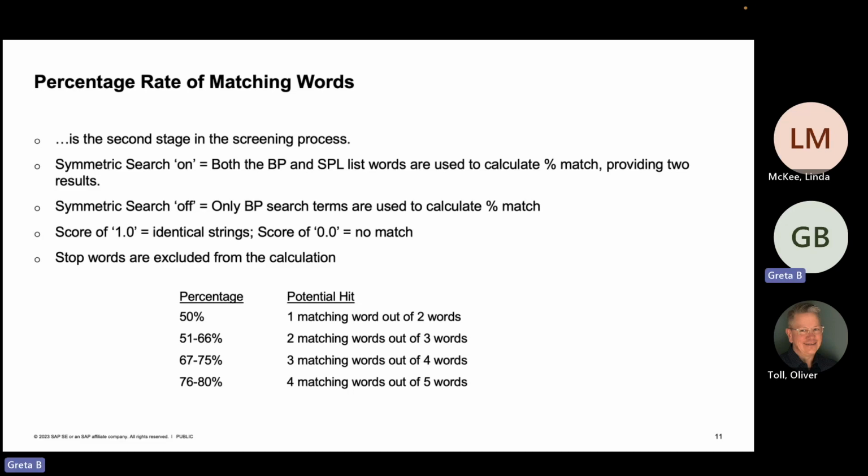Stop words are excluded from this calculation, but as mentioned in slide 6, they influence the final result. Below are some of the examples of percentages for potential hits. A simple example is when 1 out of 2 words matches, it is assigned a 50% match rate.